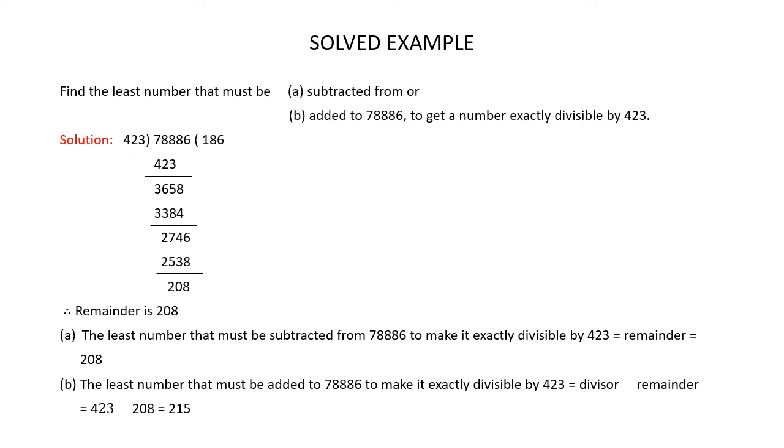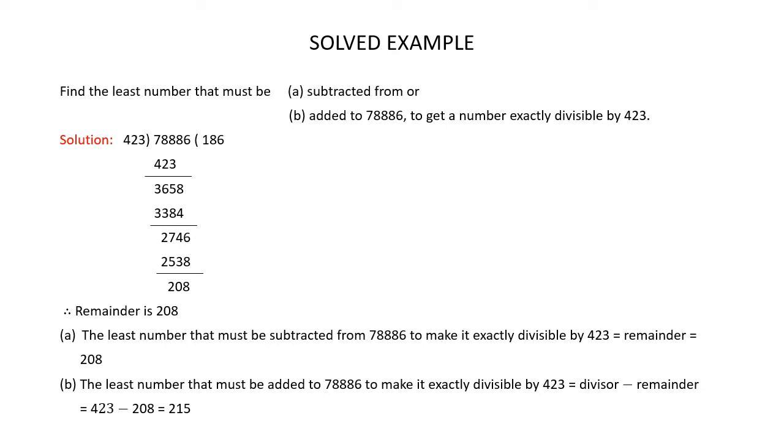The second method is to subtract 208 from 423. When you subtract 208 from 423, you get 215. You have to add 215 to the given number 78886. Then you get a number that is completely divisible by 423.